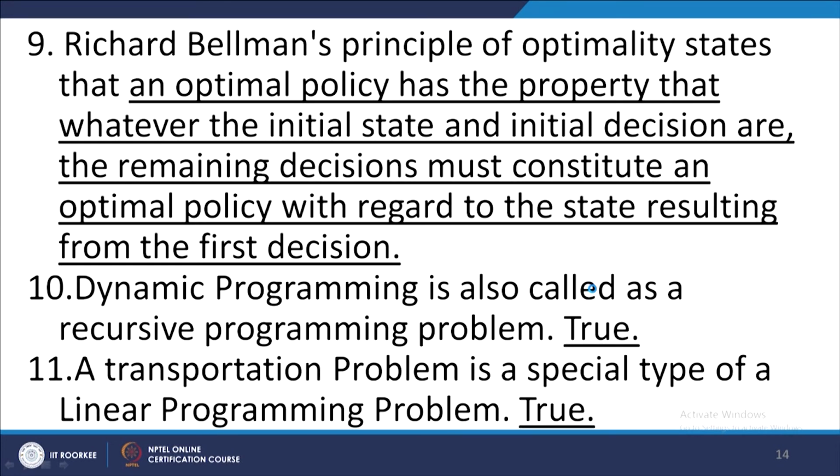Question number 9. Richard Bellman's principle of optimality states that an optimal policy has the property that whatever the initial state and the initial decisions are, the remaining decisions must constitute an optimal policy with regard to the state resulting from the first decision.